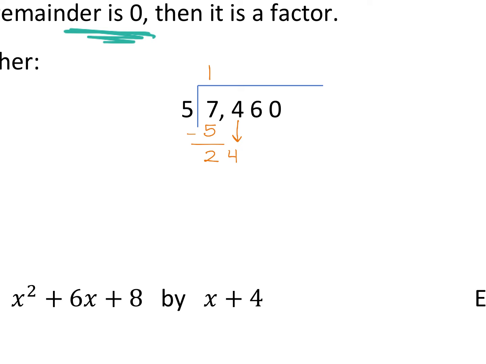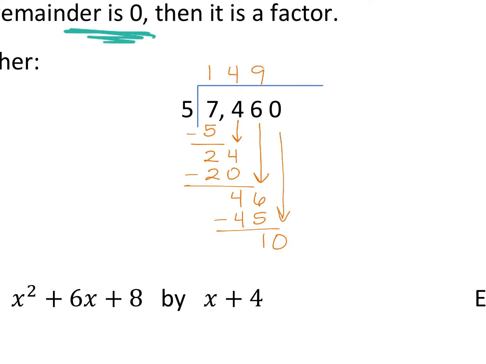How many times does 5 go into 24? 4 times. 5 times 4 is 20. We subtract, bring down the 6. How many times does 5 go into 46? 9 times. 9 times 5 is 45. Subtract, bring down the 0.